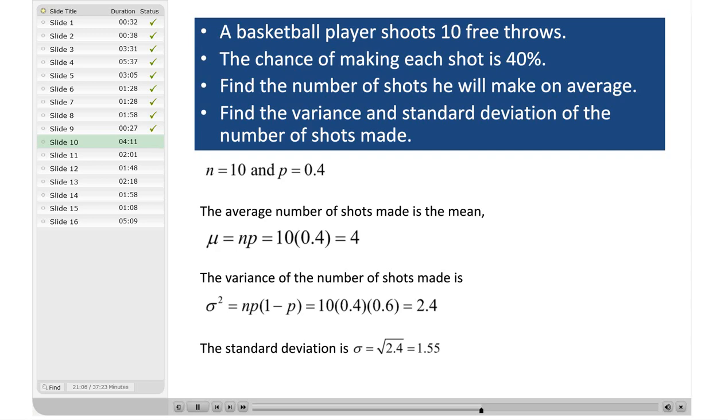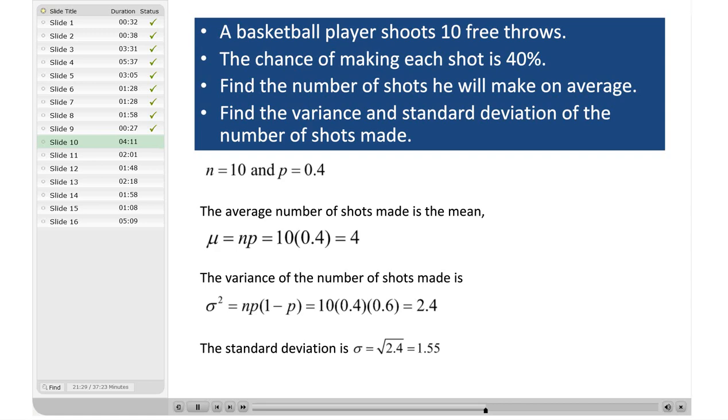But what does the standard deviation tell us? Let's go back to the fact that the mean in this example is 4. That means that if this basketball player shoots 10 free throws, on average, he'll make about 4 of those shots. Now he's going to make a whole bunch of different numbers each time he does it. Sometimes he'll make only 0 shots. Sometimes he'll make 3 shots or 5 shots or 7 shots.